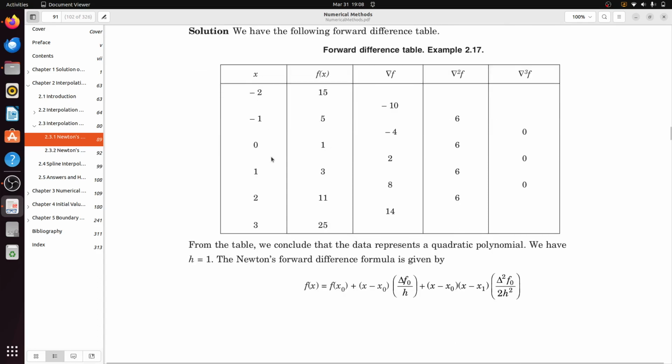Next, h is 1. So Newton's forward difference interpolation formula will be this term plus x minus -2 into delta f naught, that is -10 divided by h, plus x minus x naught, that means x plus 2 into x plus 1 into this term 6 divided by factorial 2 into h square, which is simply 1.